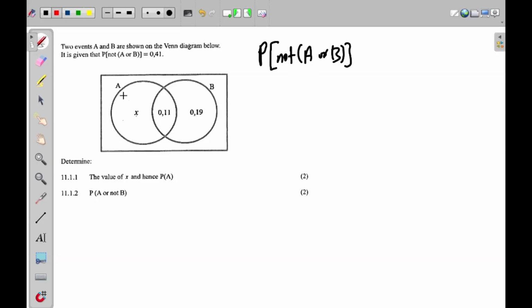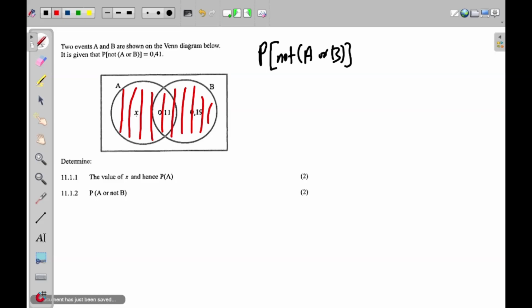Now remember, the union would refer to everything here that I'm shading. So this thing of not A or B simply refers to what is outside. Yes, this is grade 10. The current question is definitely at grade 10 level. So look at this.